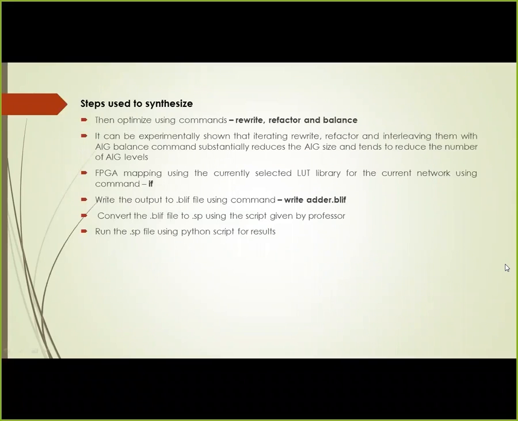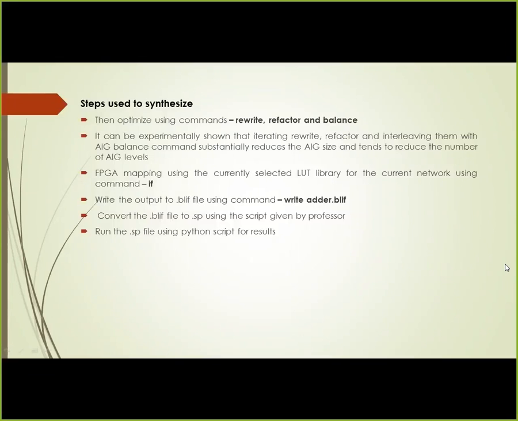For further optimizing, I use rewrite, refactor, and balance. It is experimentally shown that these three commands substantially reduce the AIG size, and hence the delay. This was the tool I downloaded directly from the UC Berkeley website, so the FPGA command is not working on this tool.